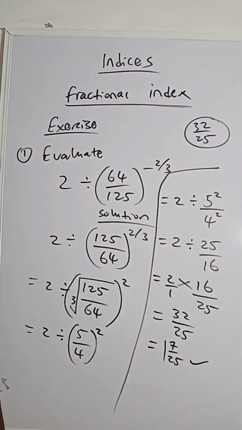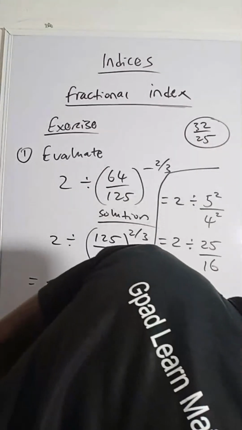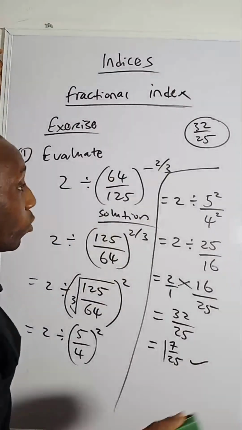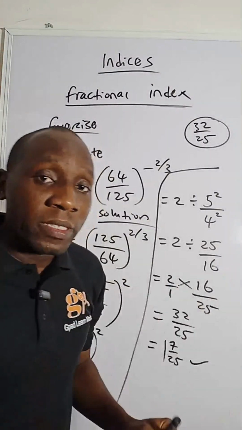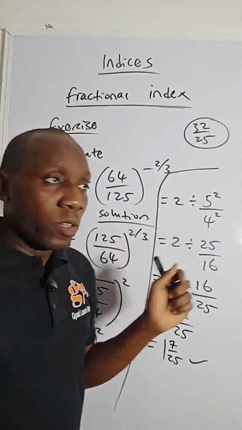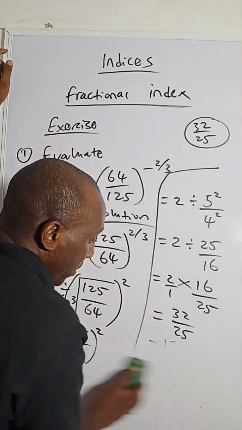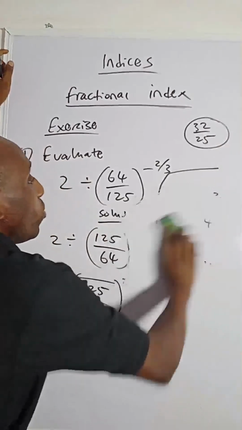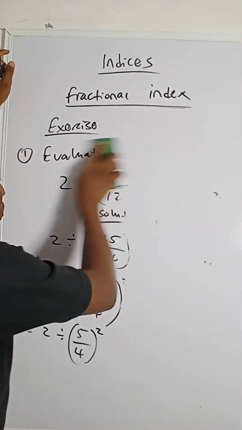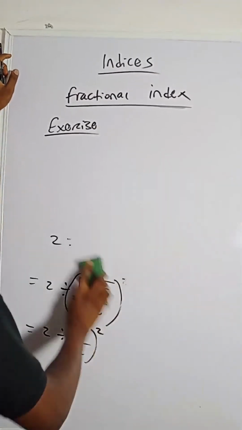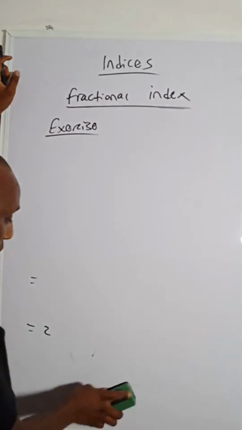So you go and watch that video. We've already talked about the laws of indices. If you want to get familiar with them, it's still on my channel. Go there and watch the first lesson on this topic. I hope you have learned from what I've done so far. For those of you who didn't do it or who got a wrong answer, please learn and take correction from what I've done.